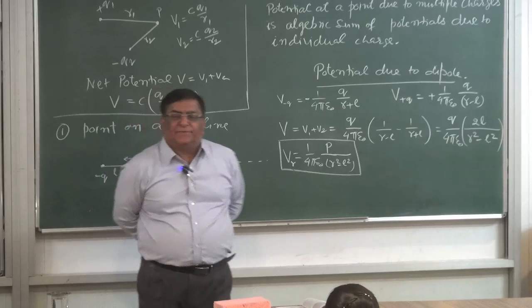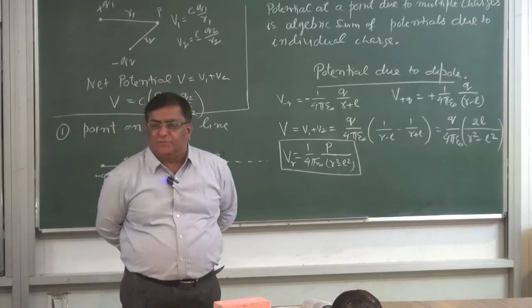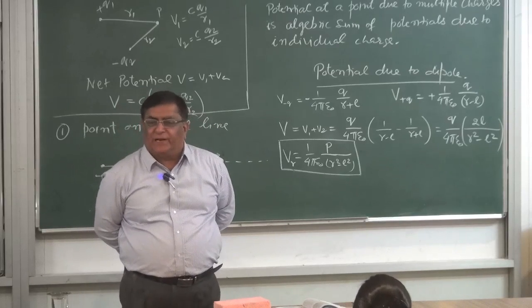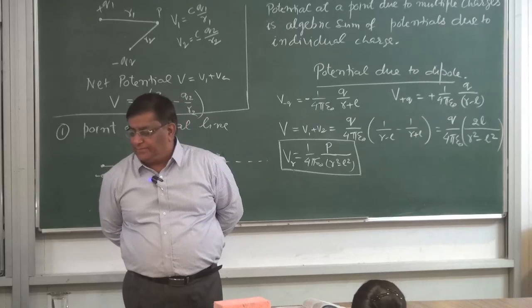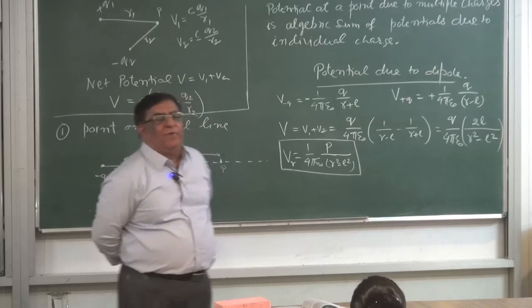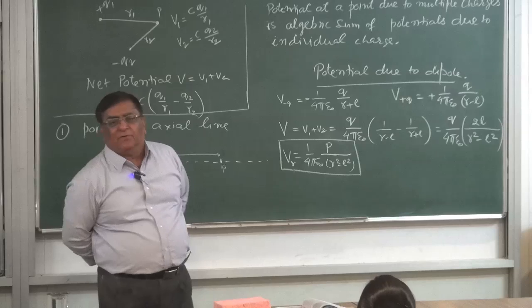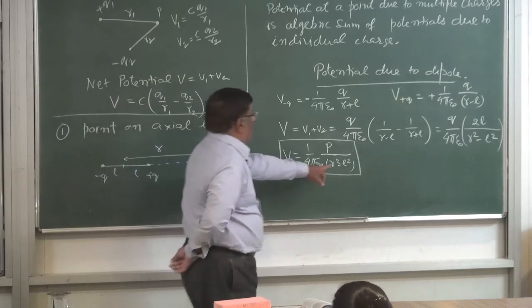Okay, in this case, if the dipole is very small, length is small, and the distance R is very large compared to length, then we can neglect L square while subtracting it from R square.